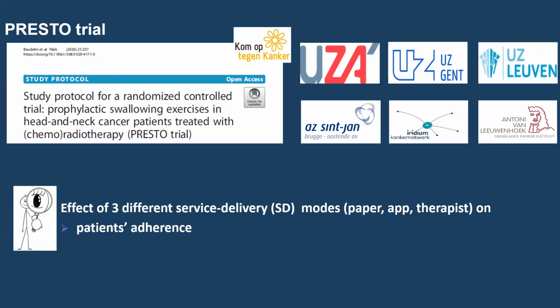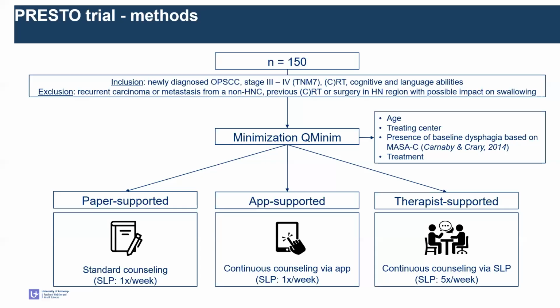It's a multicentric study, where we want to give these patients, during the radiotherapy, preventive swallowing exercises. We know that these exercises can improve swallowing function and muscle strength, but a big problem is that patients are already in a burdensome period, and the adherence is sometimes very moderate to low.